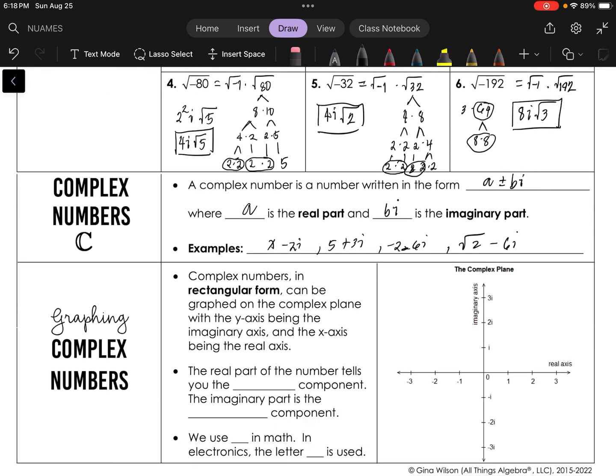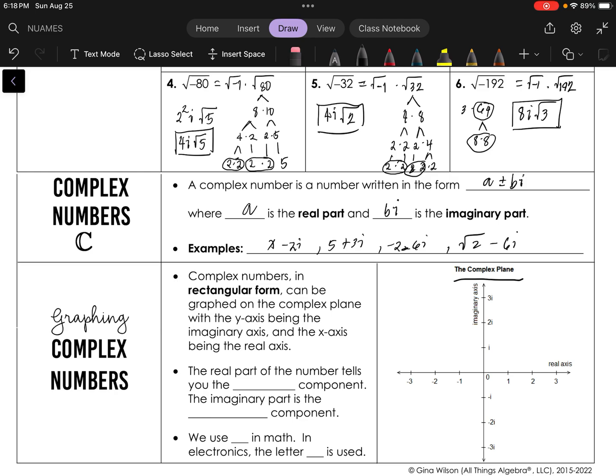Complex numbers are quite similar with how you graph your basic points on your rectangular coordinate system. But we have to remember that since we're dealing with imaginary numbers, we are now using a complex plane when we graph them. So complex numbers in rectangular form can be graphed on the complex plane, with the y-axis being the imaginary axis and the x-axis being the real axis.